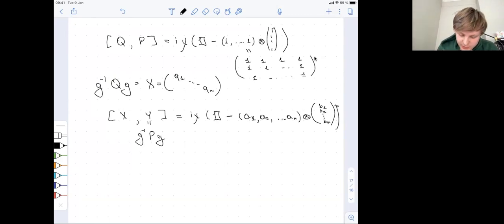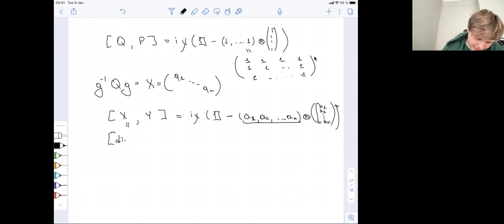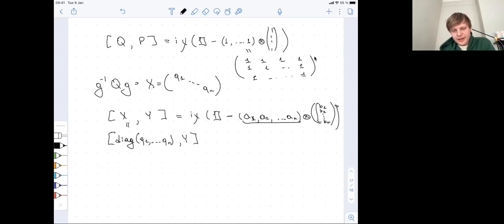In principle, these A's and B's can be arbitrary, but on the other hand, what we know is that on the left-hand side we obtain the commutator with the diagonal matrix Q1 till Qn. But the commutator with a diagonal matrix always has zeros on the diagonal, right?